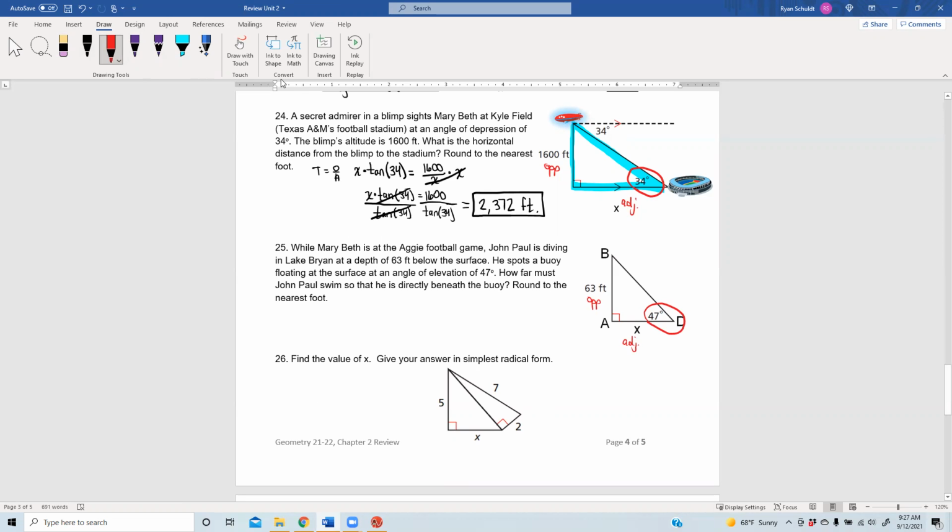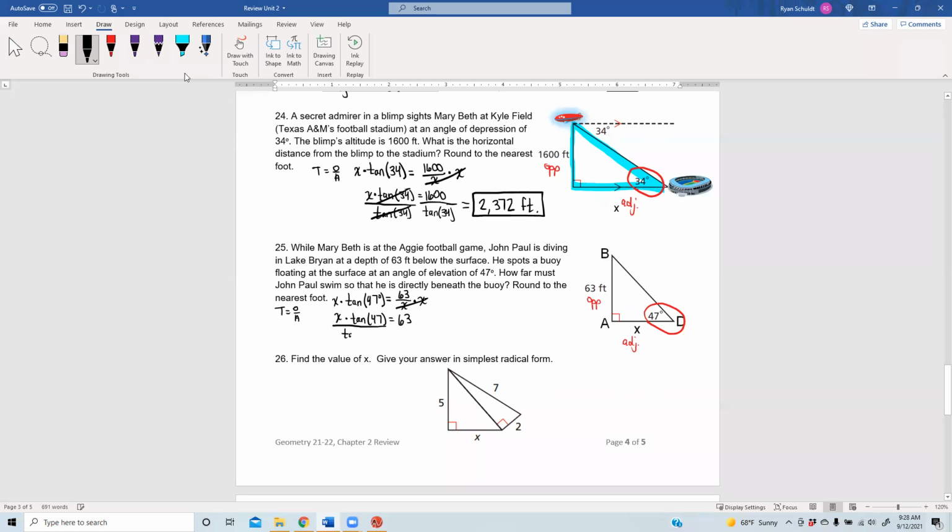So then, which one uses opposite and adjacent? Tangent. So this is going to be the tangent of 47 degrees equals 63 over x. Multiply by x on both sides. x times the tangent of 47 equals 63.